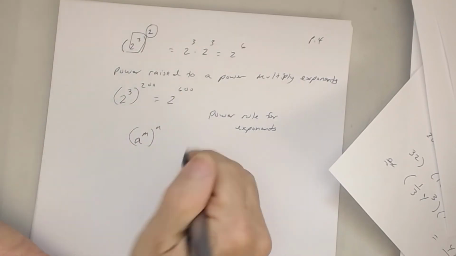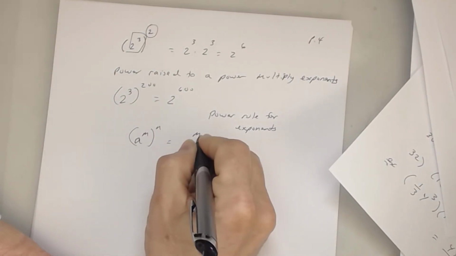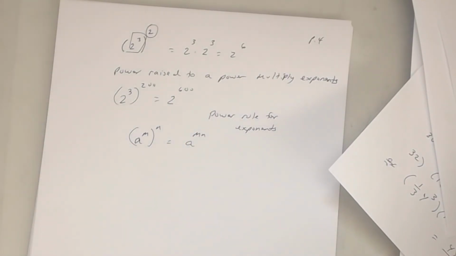Multiply them. So that's going to be a to the m times what? n. All right, so that's the power rule. So when you have a power raised to a power, you multiply them. Okay? All right, so let's do the examples. That part's easy.